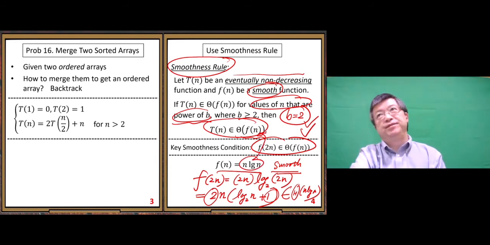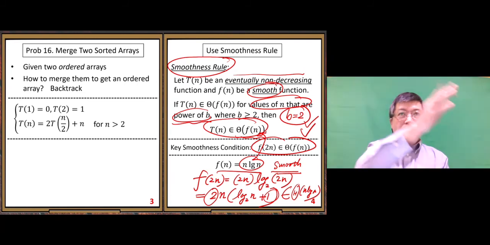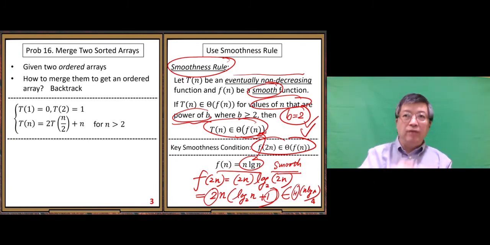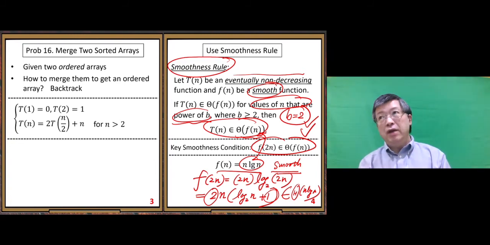That's the power of the smoothness rule. This result is non-trivial, but when we apply this theorem, we can quickly get it. Otherwise, you need to do a lot of work.